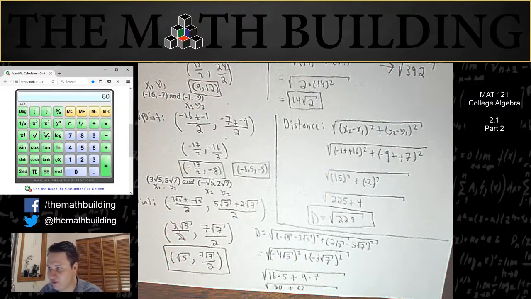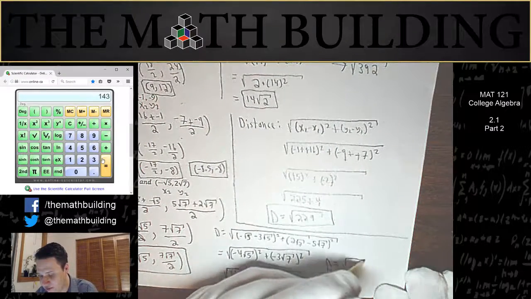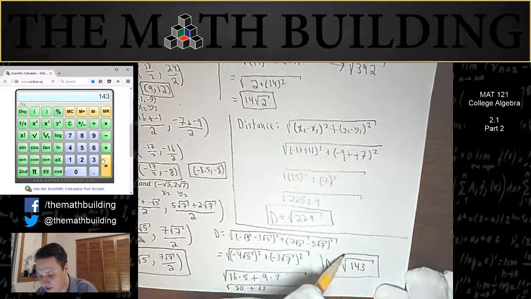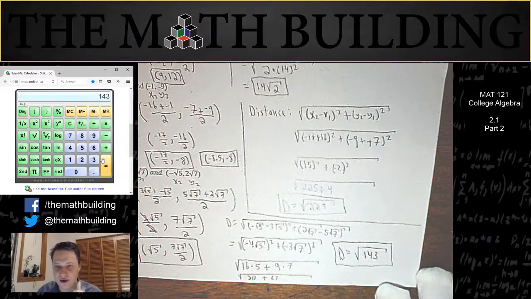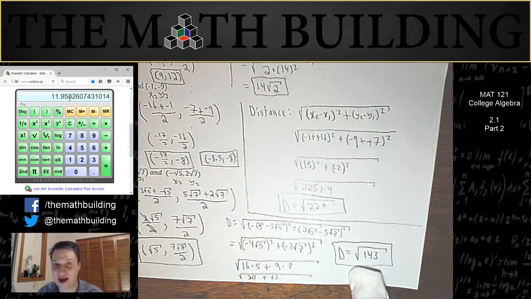So we have 80 plus 63 for a final answer of the square root of 143. And there's no perfect square that goes into that, so that is our final answer. If you want to, you can convert that to a decimal for an approximate answer. So the answer is approximately 11.958. But this is the perfect answer, the exact answer, the square root of 143.